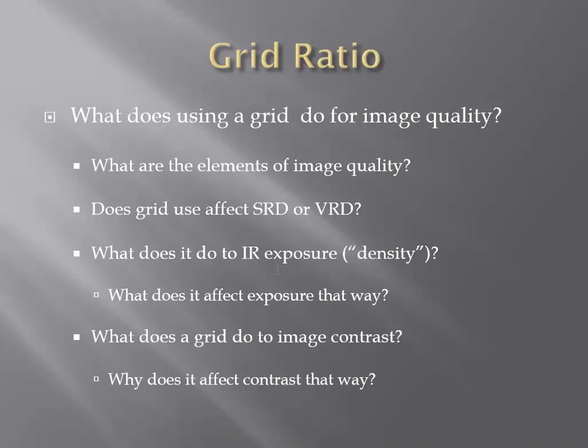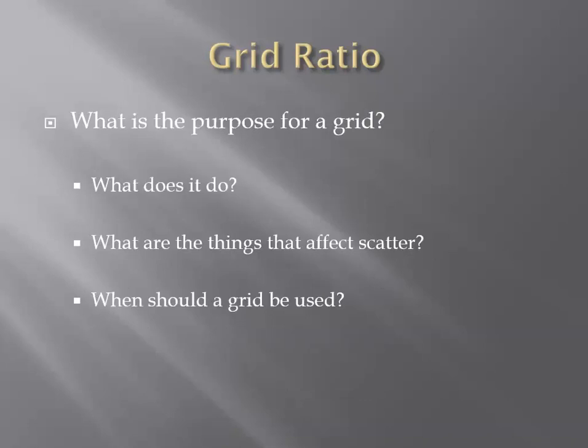Again, because the things that affect scatter radiation are KVP and soft tissue. So naturally, if we increase KVP, we've got two things that go on. We create more scatter radiation, the grid has to work harder, and the grid does work harder, essentially.